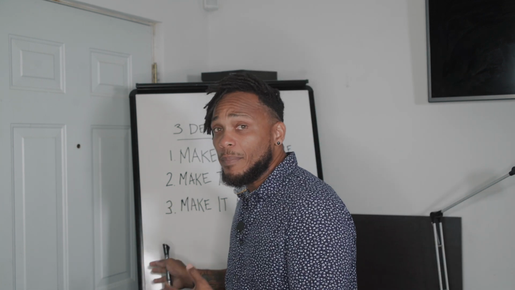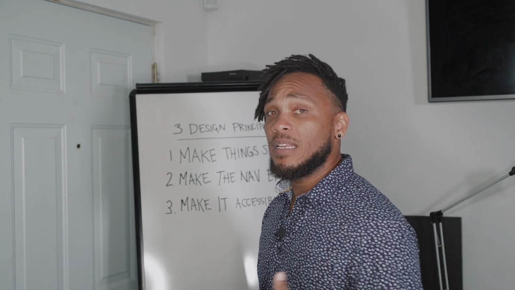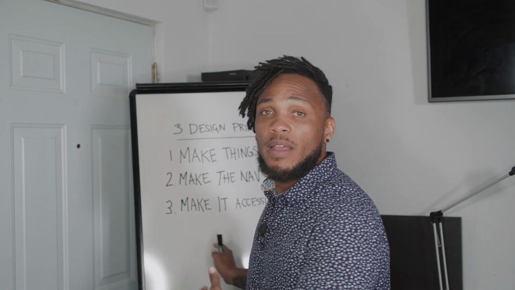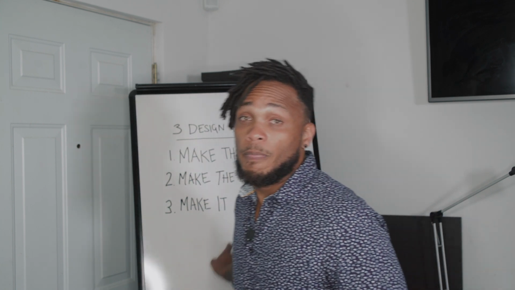Just because it's on an app or on a mobile device does not mean it can't translate to the desktop and vice versa. So accessibility is key here. And there are a lot of standards that can be adhered to. And if you're building websites, building applications that serve a multitude of people, this is key.